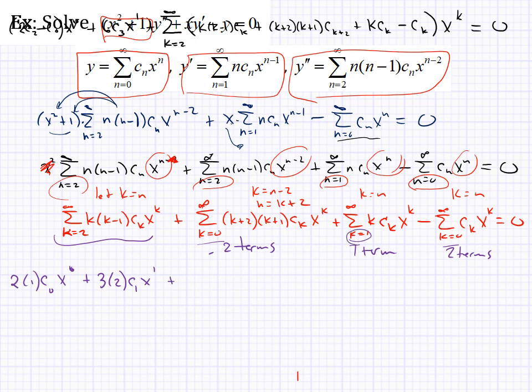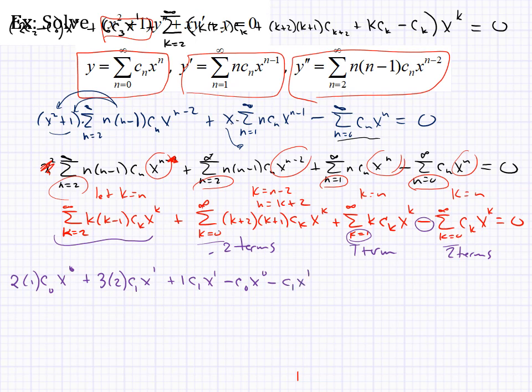So that would be 1 c sub 1 x to the first. And then I got to run 2 terms out of this one, and they're both going to be subtracted. There's a minus in front of them, so be aware that whatever we pull out is going to be subtracted. So that's going to give us k equals 0, so minus c sub 0 x to the 0 minus c sub 1 x to the 1.